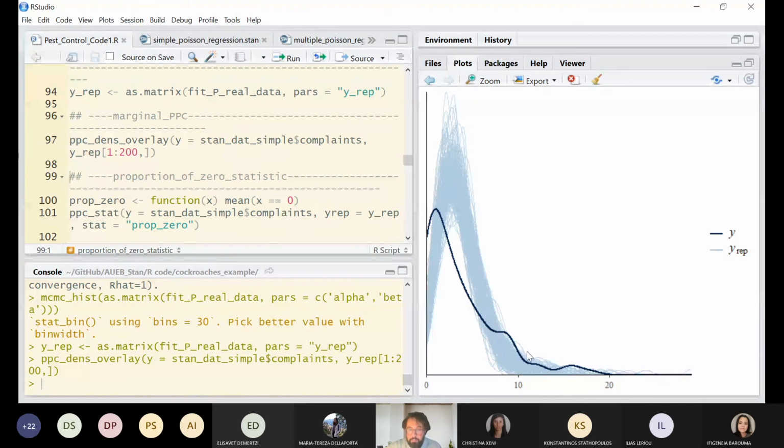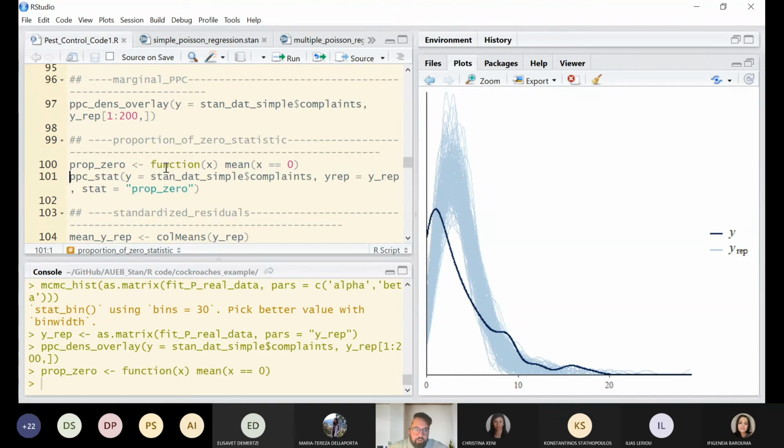So maybe even from this first plot, I could have the signal that the model is not much suited to capture the pattern of the data in a satisfactory way, because it is underestimating the number of zeros. It is not capturing the pattern of the observed data. And so maybe I could also compute the proportion of zeros for all the replicated vectors.